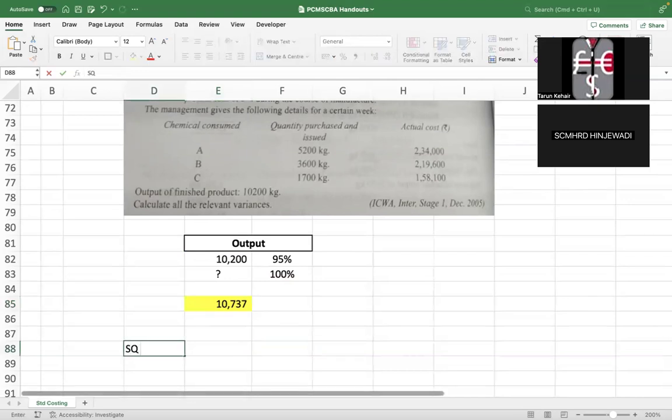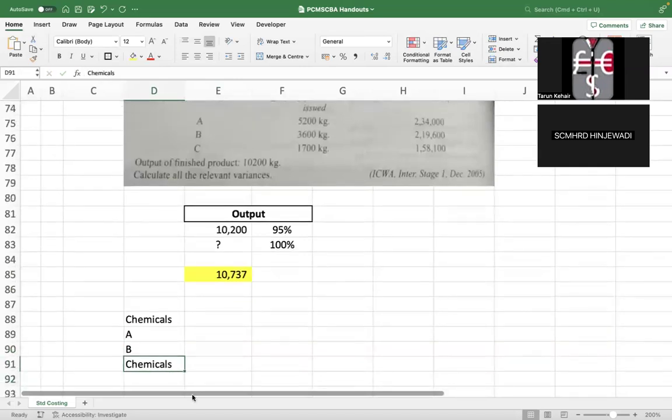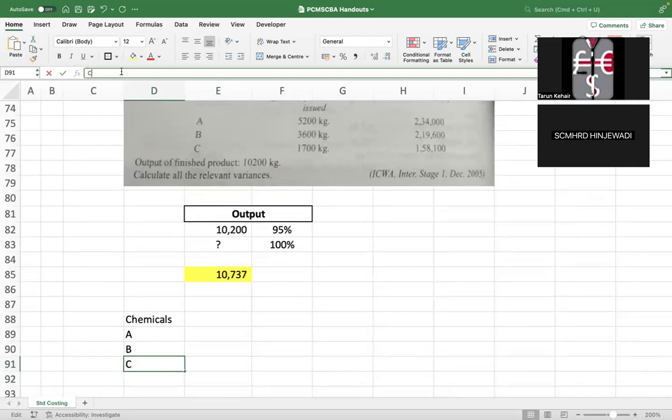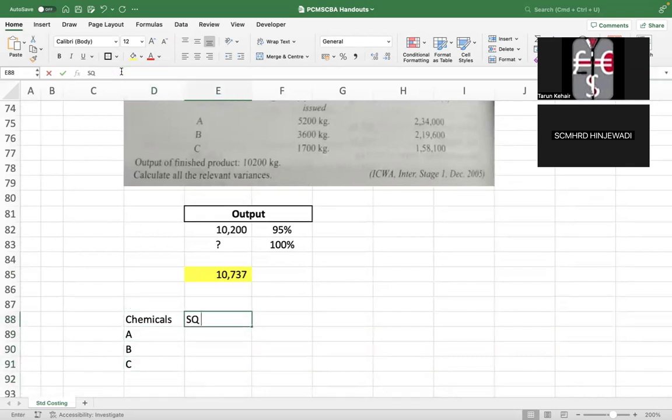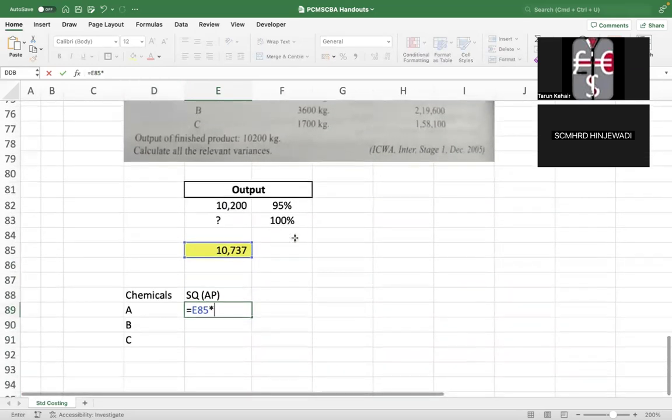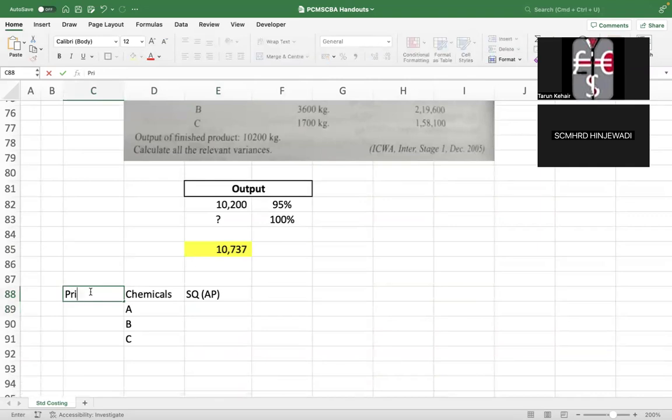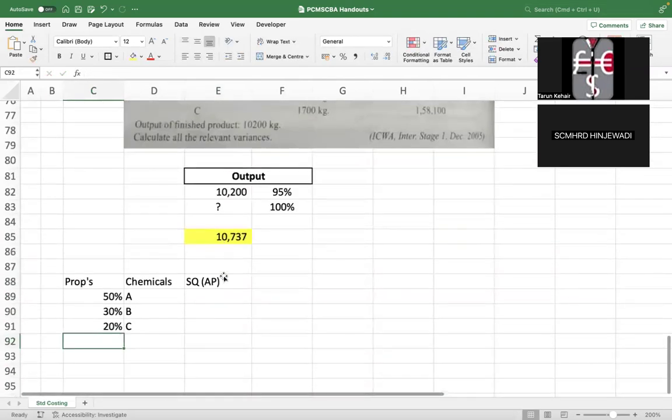So I'll plot this here for the three chemicals A, B, and C. The standard quantities for actual production will be what? 10,737 into your standard proportions, which are also given: 50%, 30%, and 20%, right?